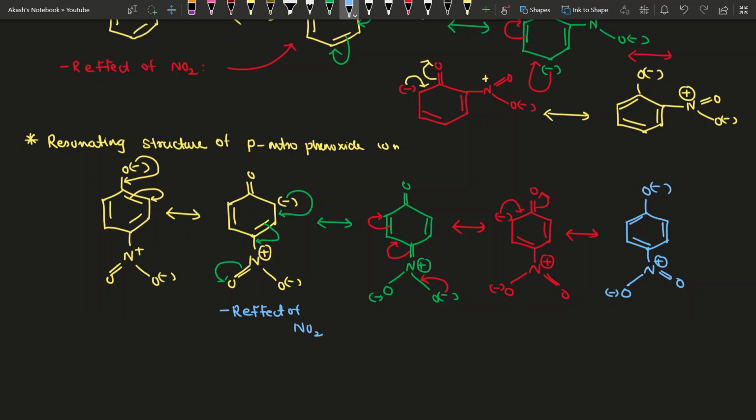When you see the resonating structure of the phenoxide ion, such a stabilization is not possible.